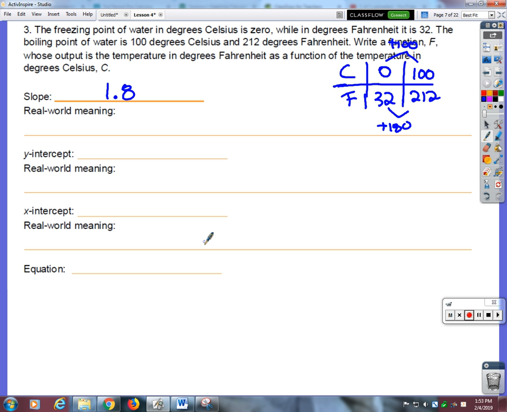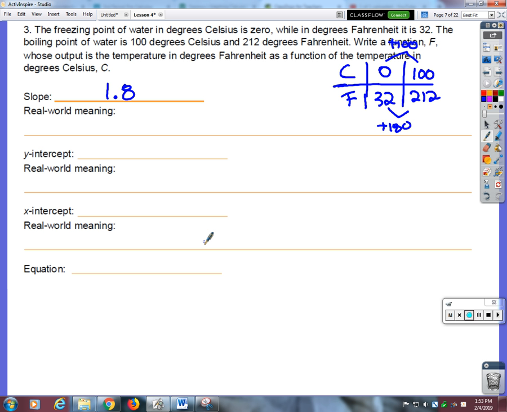What is the real world meaning of this? This is a tough one. The real world meaning of the slope of 1.8. Right.